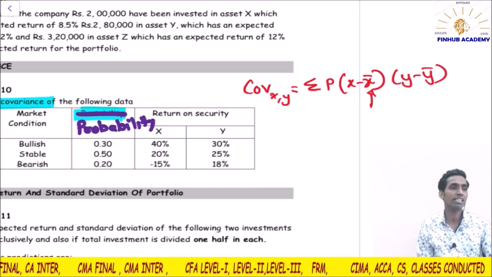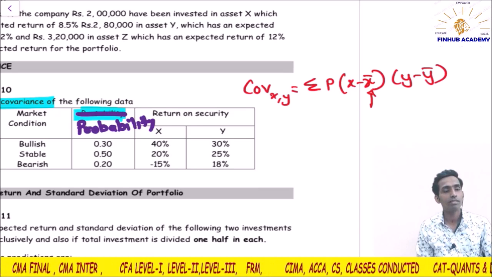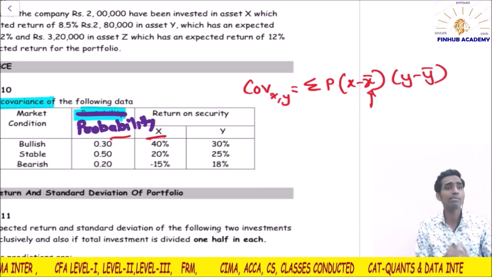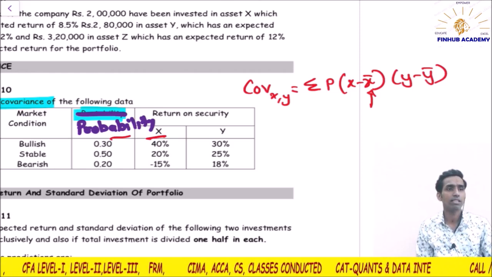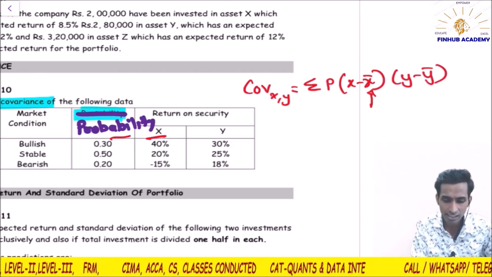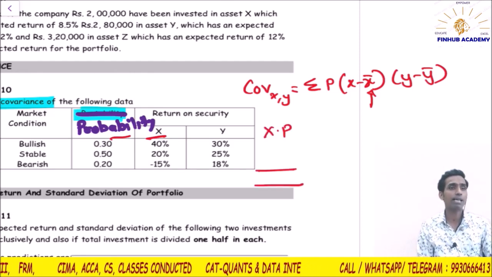Expected return. Probability is given, x is given, so x bar is x into p. You will get expected return of x.